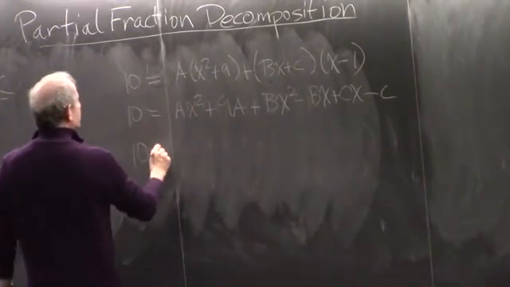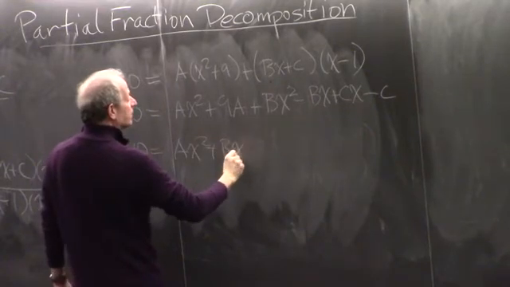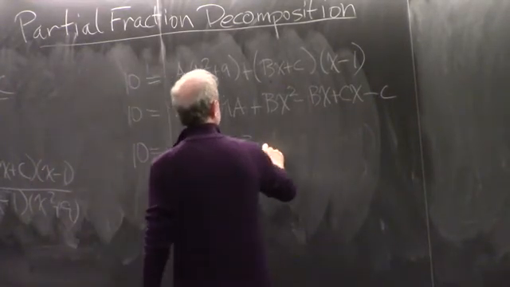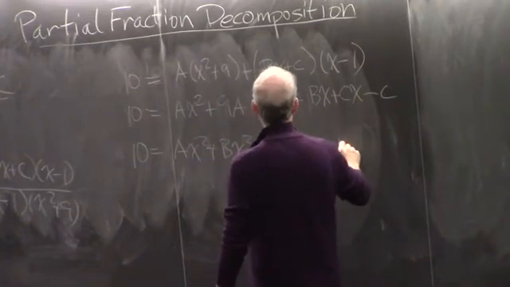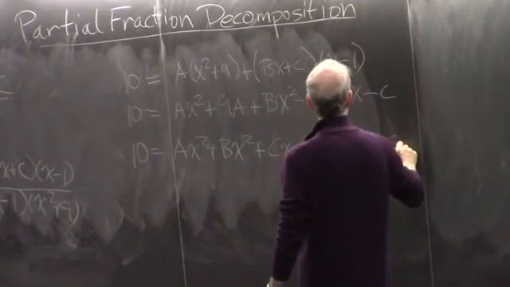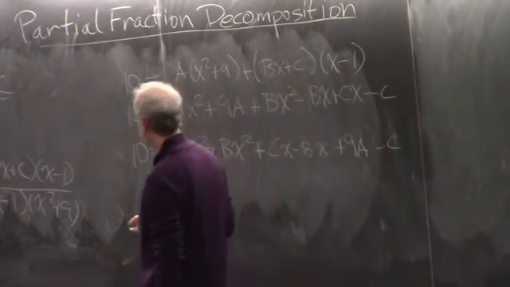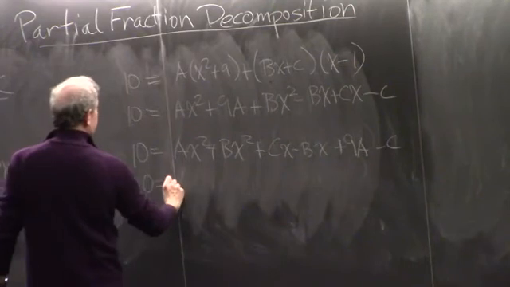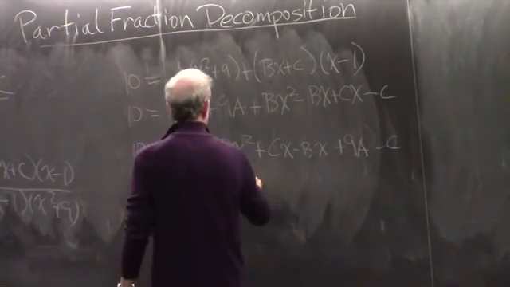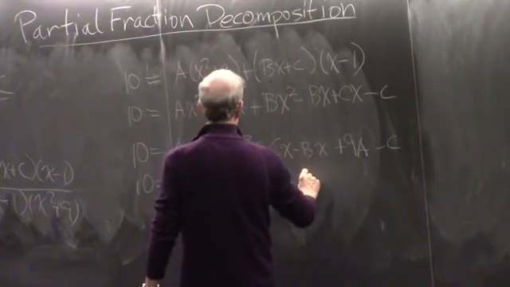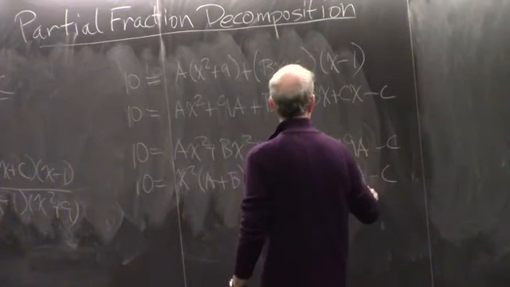So 10 is ax squared plus bx squared plus cx minus bx plus 9a minus c. And then factor. So you get 10 is x squared times (a plus b) plus x times (c minus b) plus 9a minus c.